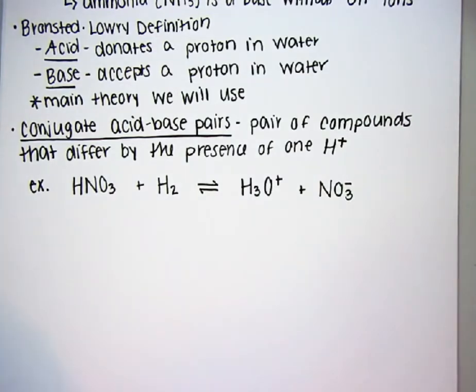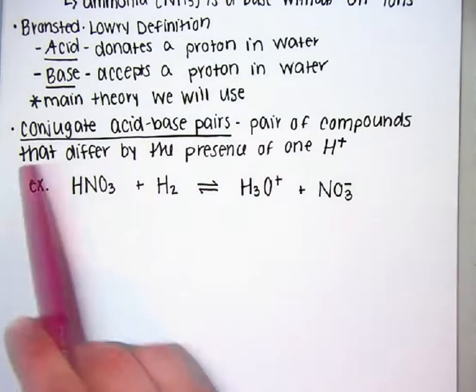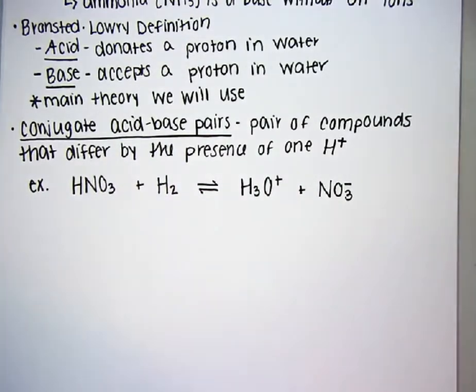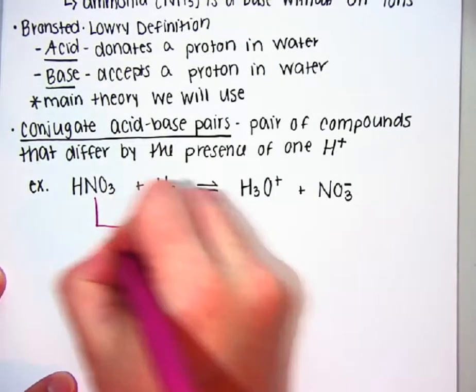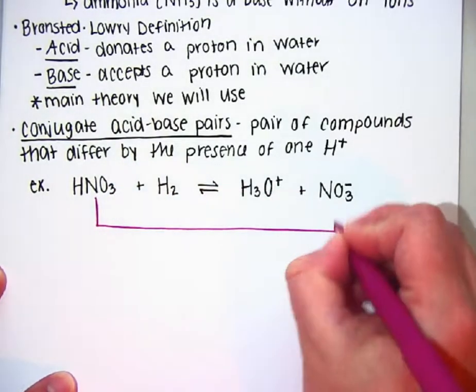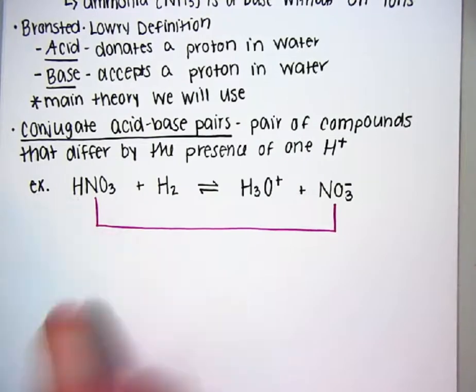So the first thing that I do is I identify conjugate acid-base pairs. I'm looking for a pair of compounds that differ by the presence of one proton. So HNO3 and NO3 minus differ by one proton.